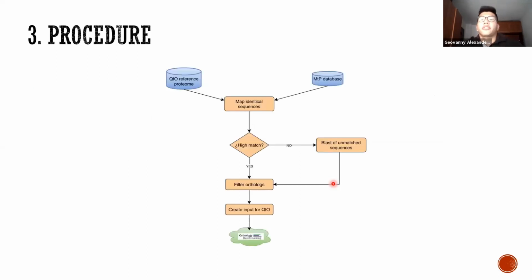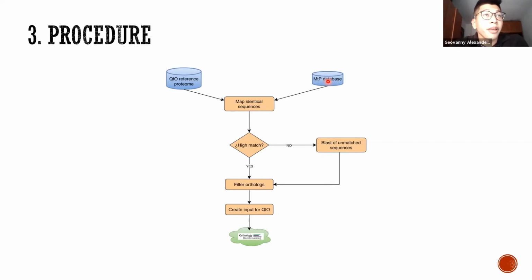In order to achieve these objectives, we follow the next procedure. First of all, we need to have on one side a reference proteome retrieved from the Quest for Orthologs, and on the other side a MetaPhOrs database which should have the homology predictions and also the protein sequences of all the sequences within MetaPhOrs.